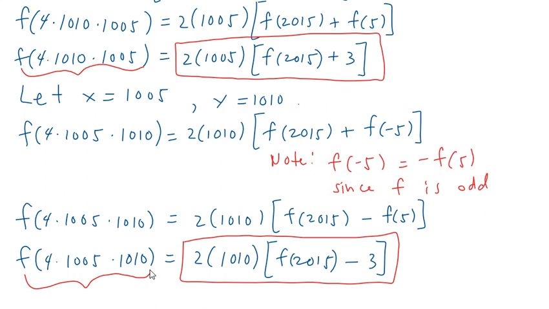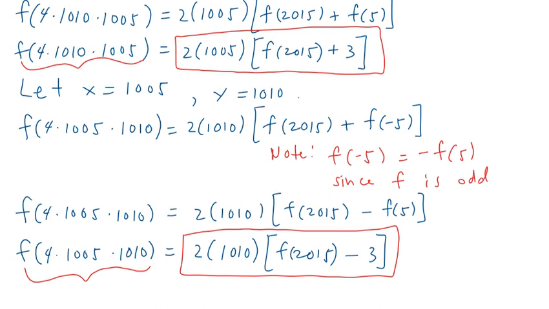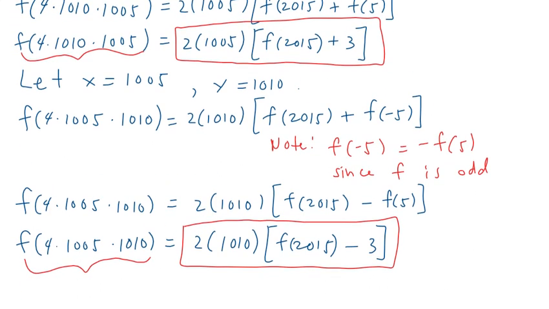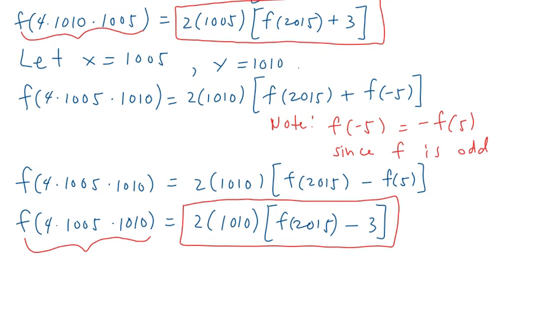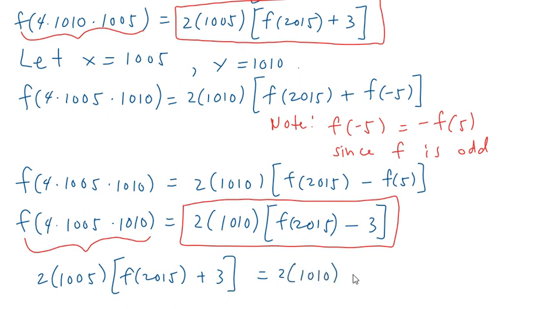Now we have the equation 2 times 1005 times (f(2015) + 3) = 2 times 1010 times (f(2015) - 3).